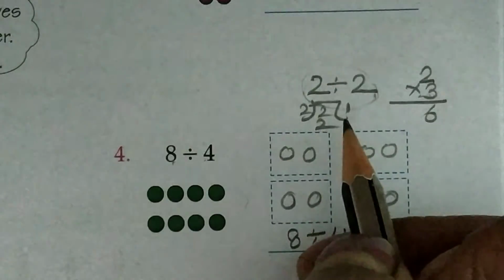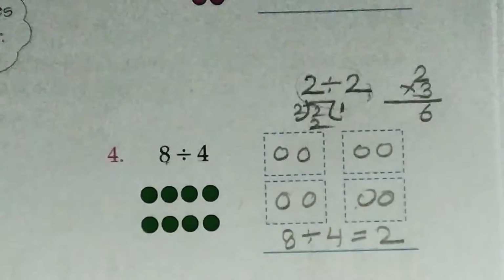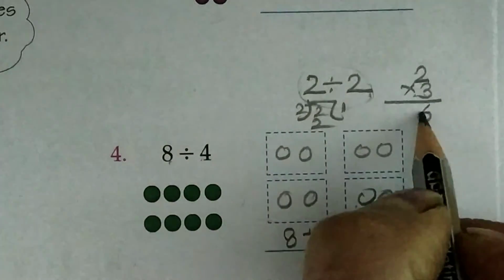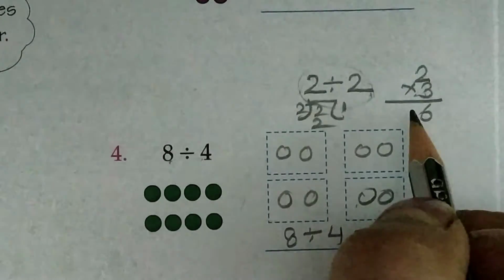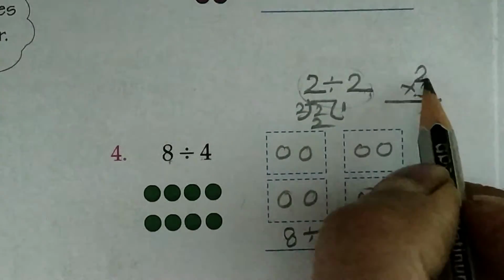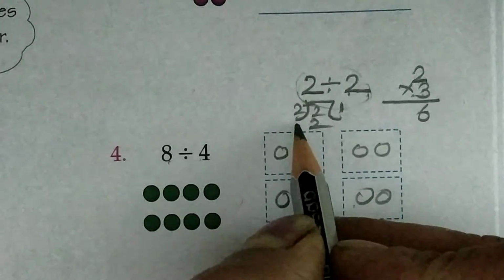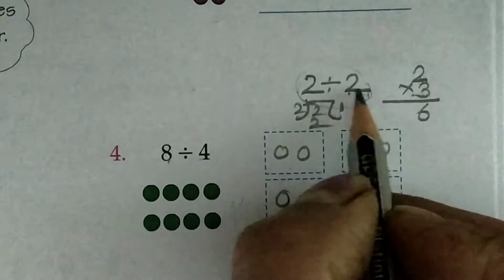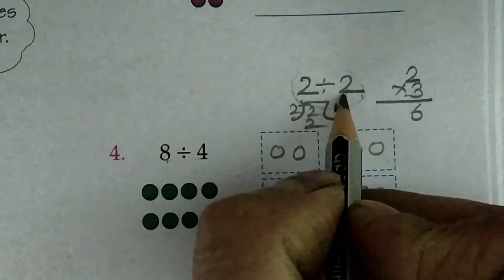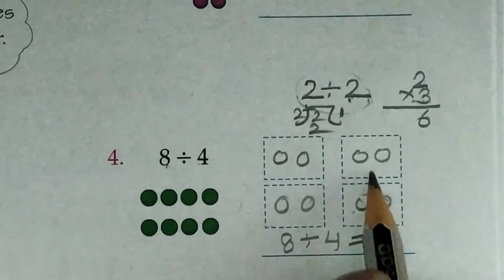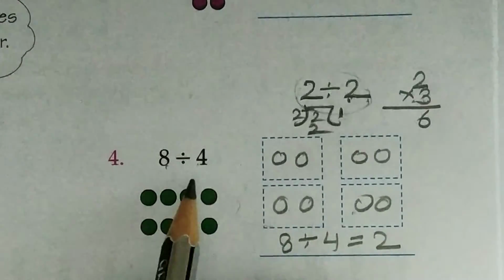मतलब हमें जब मल्टीप्लिकेशन में उतनी बार टेबल पढ़ना होता है जितना नंबर ऊपर लिखा है, बट डिवीजन में हमें तब तक टेबल पढ़ना होता है जब तक कि वो नंबर आ ना जाए. ओके, सो इट इज़ अ टाइप ऑफ रिपीटेड सब्ट्रैक्शन.